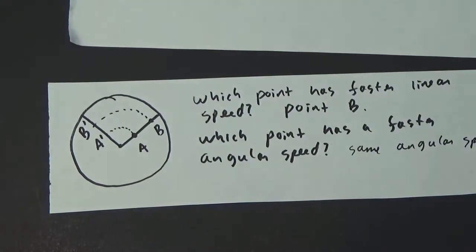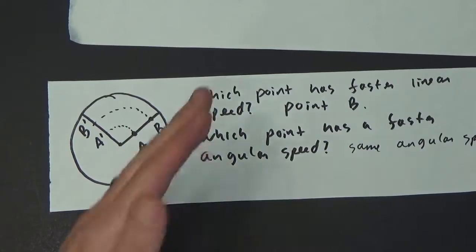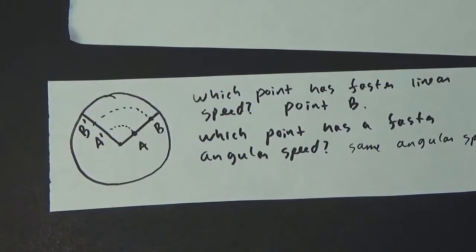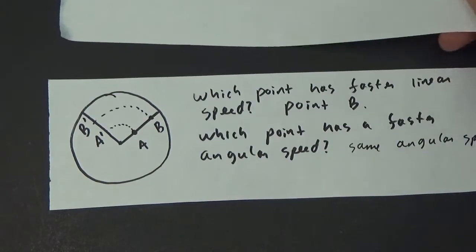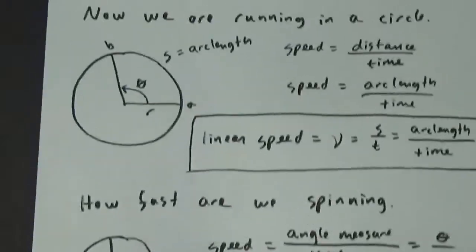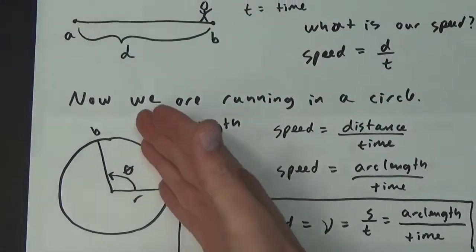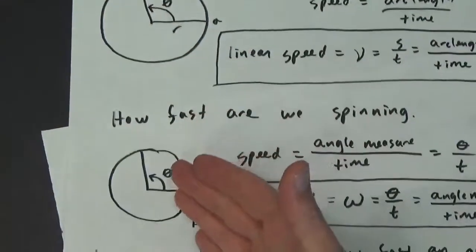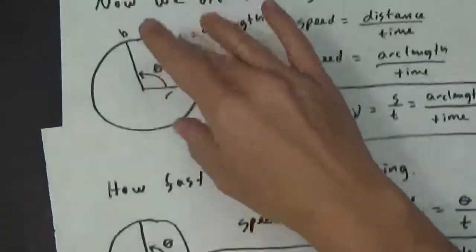You know, if they go pi over 2 radians in 2 seconds, it's still the same amount of angular speed. They had to rotate the same amount in the same amount of time. But B definitely has much faster linear speed. Alright, so in the next videos we'll do a couple of examples with this, but here's a quick introduction to linear speed and angular speed. And linear speed has to do with how long it takes me to cover a certain distance, and angular speed is how long does it take me to spin or rotate, and how fast we're doing both of those.